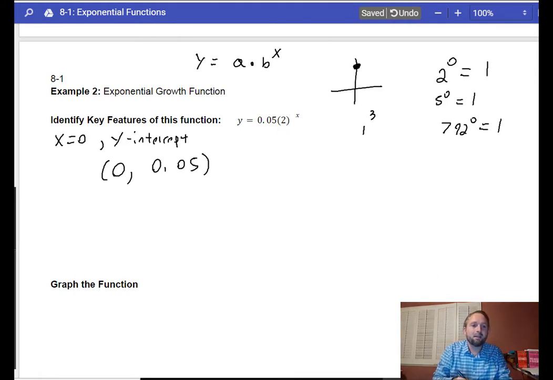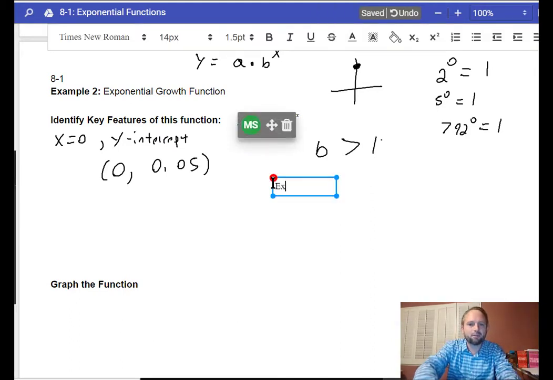A horizontal line. But anything bigger than 1 will make it grow fast because it's exponential. So since the b right here, this 2, since b is bigger than 1, we have exponential growth.